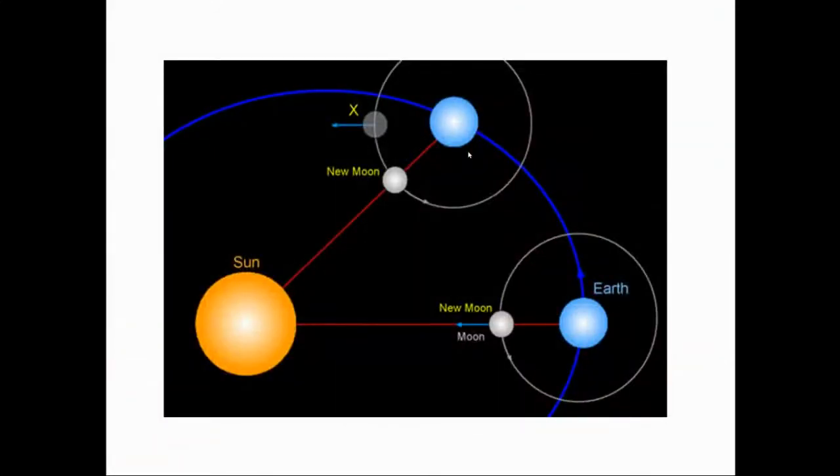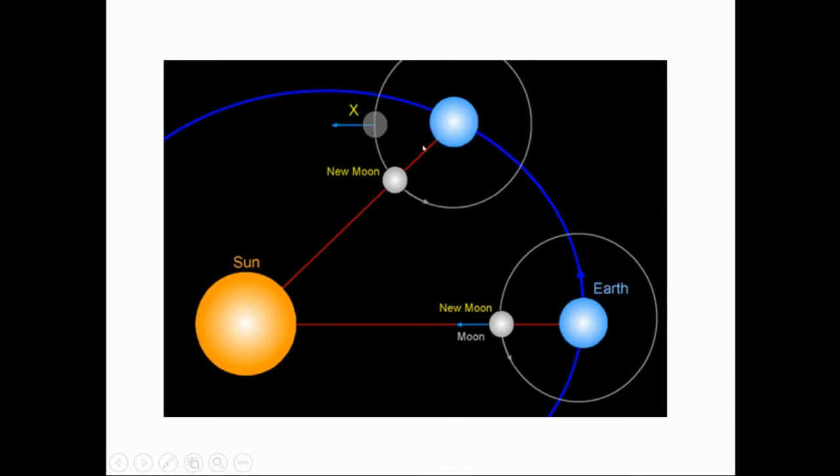So this cartoon here is a different cartoon where it shows you that when the sun, the moon, and the earth are lined up, that's a situation for a new moon. As the earth orbits the sun, that's also here where you have the location of the full revolution, where we say X here, and this is basically the sidereal period of the moon.